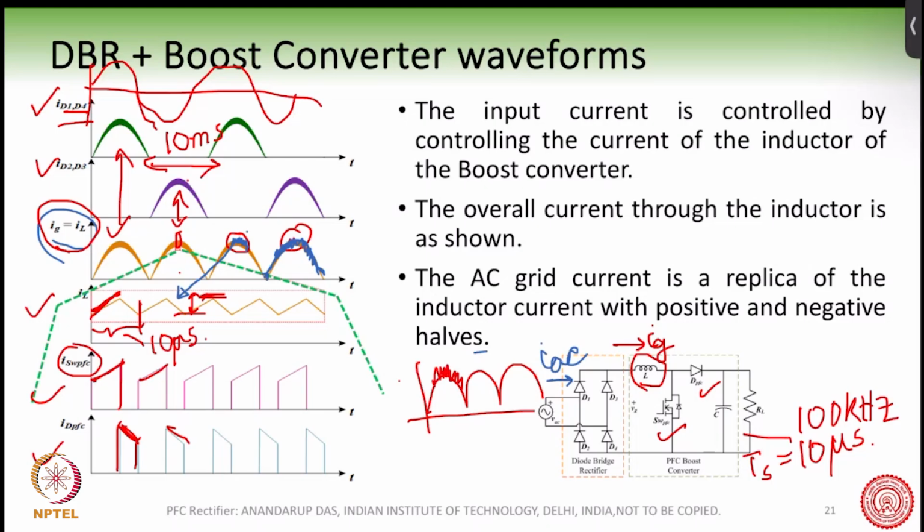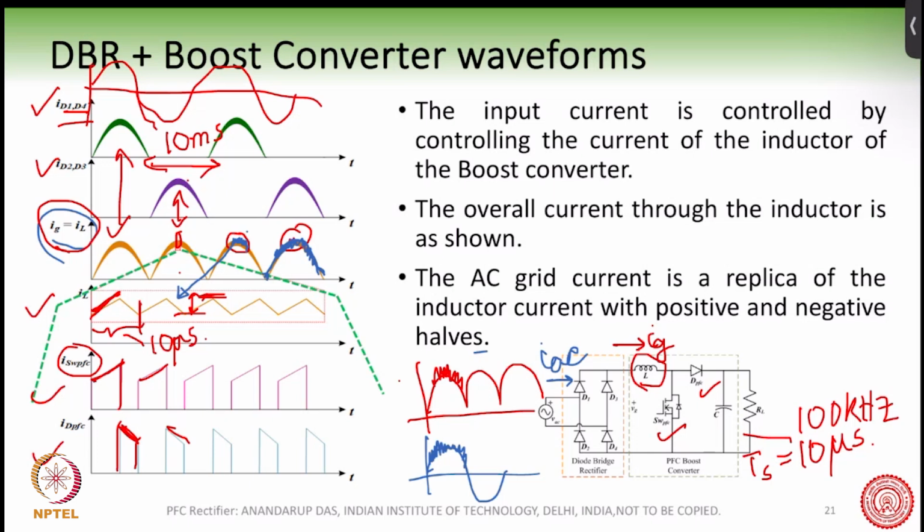The IAC is this current, but of course there is a small band here, which is coming from the switching of the boost converter. If this is at unity power factor, the band is okay, and the total harmonic distortion is acceptable, less than 5%, then we say yes, this converter can work nicely.